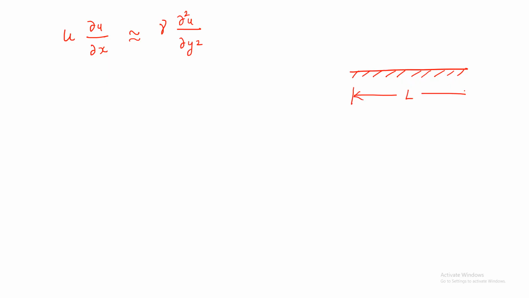Let us consider L is the length of the plate, and we have a boundary layer forming from the leading edge of the plate. Okay, this is the boundary layer forming, and we will have a velocity profile like this. So we have u infinity coming in this direction, which is the free stream velocity.